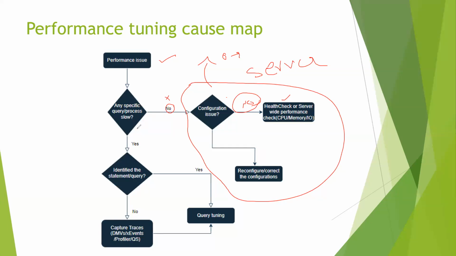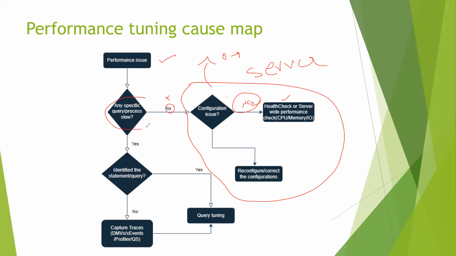If we identify a job or stored procedure, then we'll have to start working on that particular stored procedure or job itself rather than troubleshooting the entire server or all the queries. So we'll troubleshoot a specific job, a specific stored procedure, right?